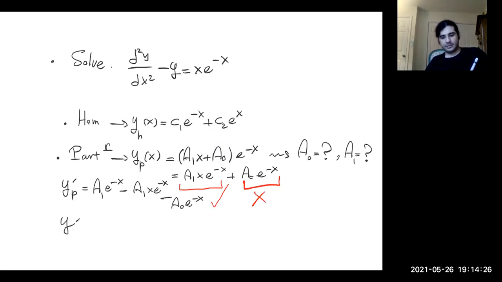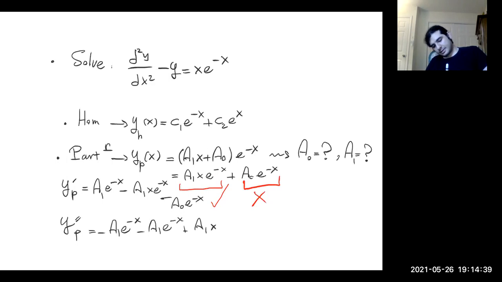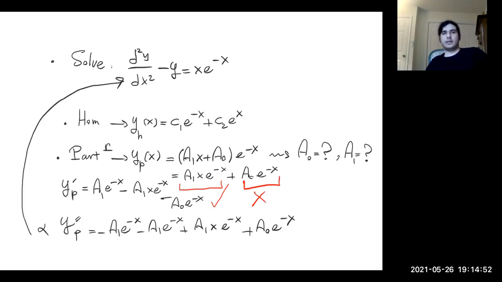So the second derivative would be minus a1 e to the minus x minus a1 e to the minus x plus a1 x e to the minus x plus a naught e to the minus x. So that's the second derivative. Now we should just plug them into this equation to see what we would get.